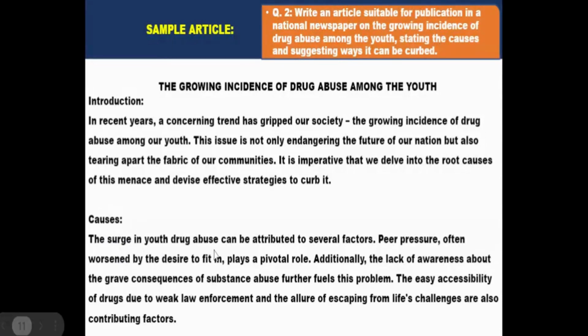The surge in youth drug abuse can be attributed to several factors. Peer pressure, often worsened by the desire to fit in, plays a pivotal role. Additionally, the lack of awareness about the grave consequences of substance abuse further fuels this problem.